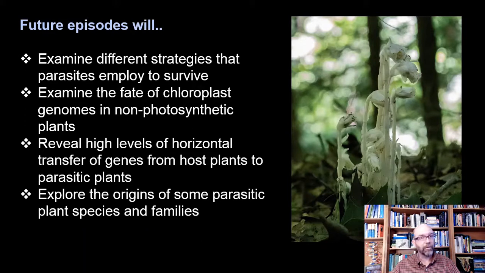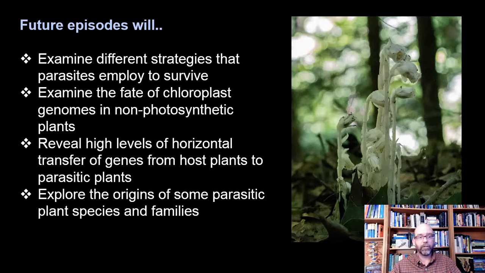It does have a chloroplast genome, and a chloroplast is the subcellular organelle, the factory, for doing photosynthesis. They still have chloroplasts, and so the question is, what are they doing with their chloroplasts if they're not doing photosynthesis? And so we'll look at chloroplast genomes and what they can tell us about the current parasites, but also maybe about their history.